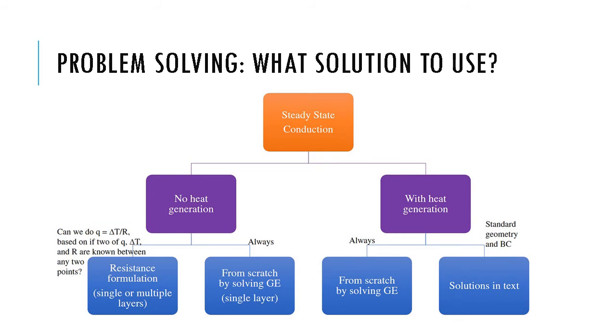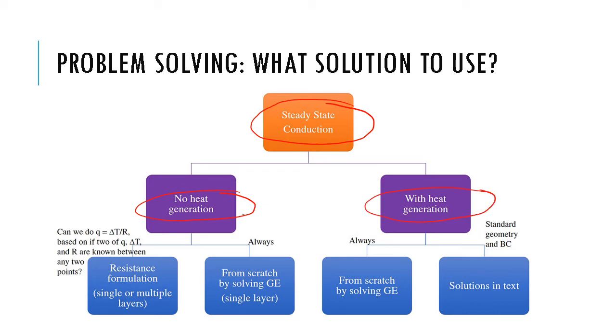So to help with problem solving in this chapter, let's try to have some sort of a map of the things that we did. This is a chapter on steady state heat conduction, and we did problems without any heat generation and with heat generation.